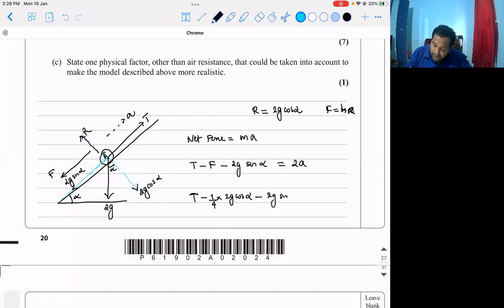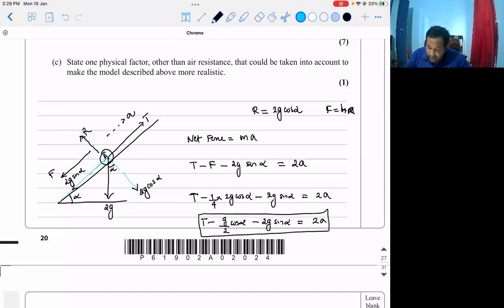So if you simplify this, T minus g/2 cos alpha minus 2g sin alpha is equal to 2a, because 1/4 and 2 simplify to g/2. This is one of the equations.